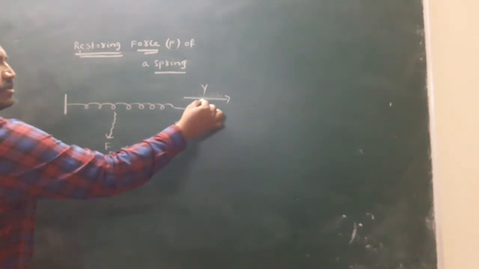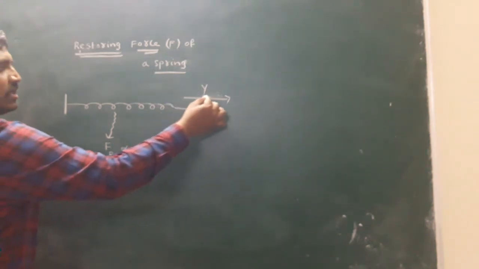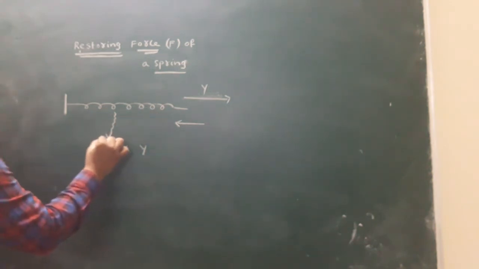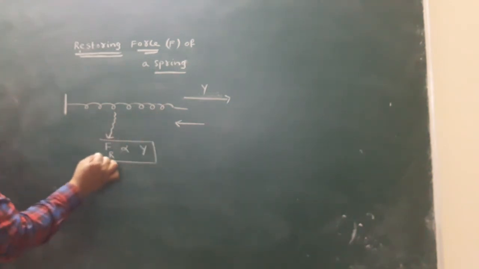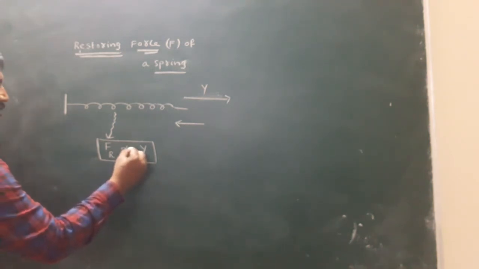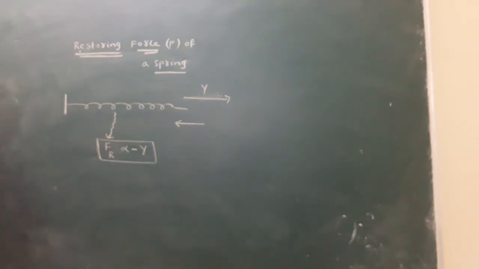Moved 5 meters, restores 5 meters. Moved 10 meters, restores 10 meters. Simply, restoring force is directly proportional to the distance moved by the spring, but both are in opposite directions.